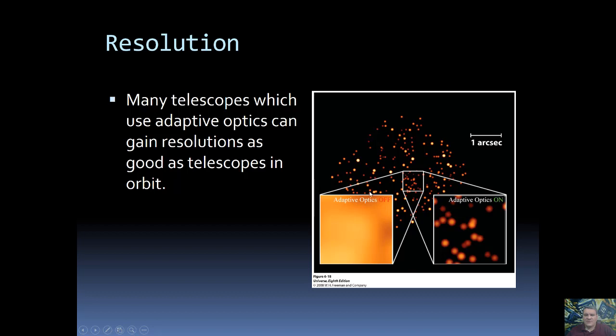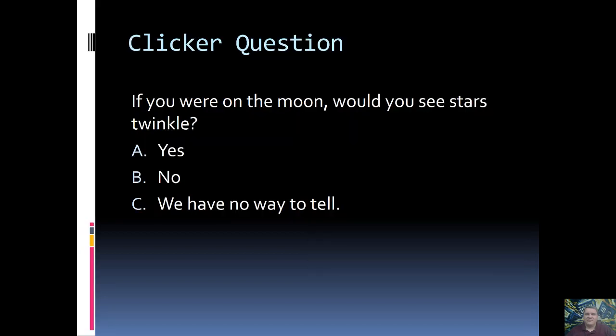With just a normal telescope, you can definitely tell there are stars there, probably quite a few because of how bright it is, but you're not going to be able to actually count the number of stars. On the right is what we can do with adaptive optics turned on. Now we've gotten rid of all of the turbulence of the atmosphere, and we can start to count individual stars. Adaptive optics is absolutely amazing.